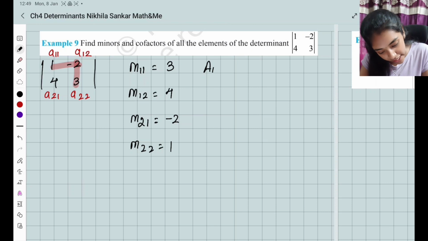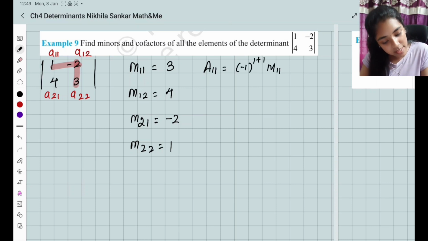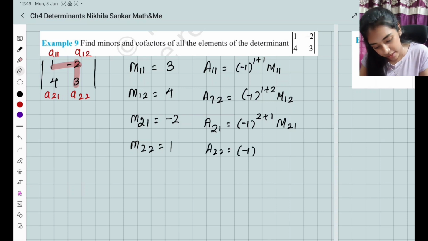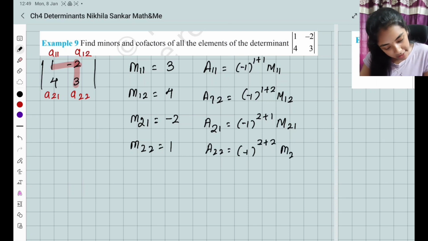புரிஞ்சுதா? So இப்போ A11 என்னவா இருக்க போகுது? It is going to be minus 1 to the power 1 plus 1 times M11. கரெக்டா? Similarly A12 is going to be minus 1 to the power 1 plus 2 times M12. So A21 is going to be minus 1 to the power 2 plus 1 times M21 and A22 is going to be minus 1 to the power 2 plus 2 times M22.